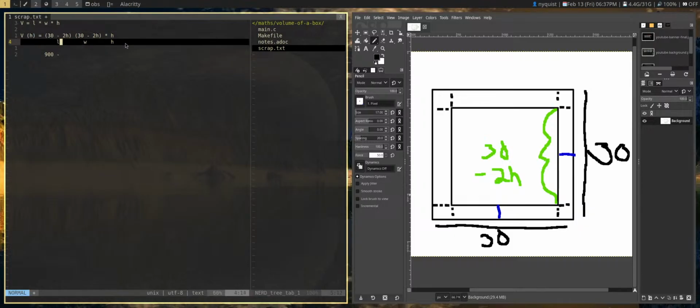Negative 2h times 30 is negative 60h. And then we have 30 times negative 2h, which is negative 60h again.